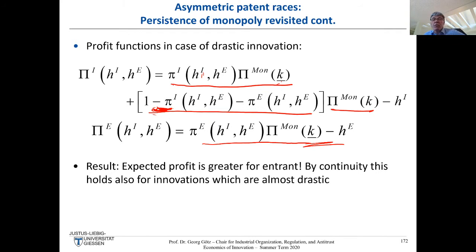Their result was that Reinganum appears to be empirically more relevant. It's more likely that drastic innovations, particularly large innovations, are introduced by entrants rather than by incumbents.